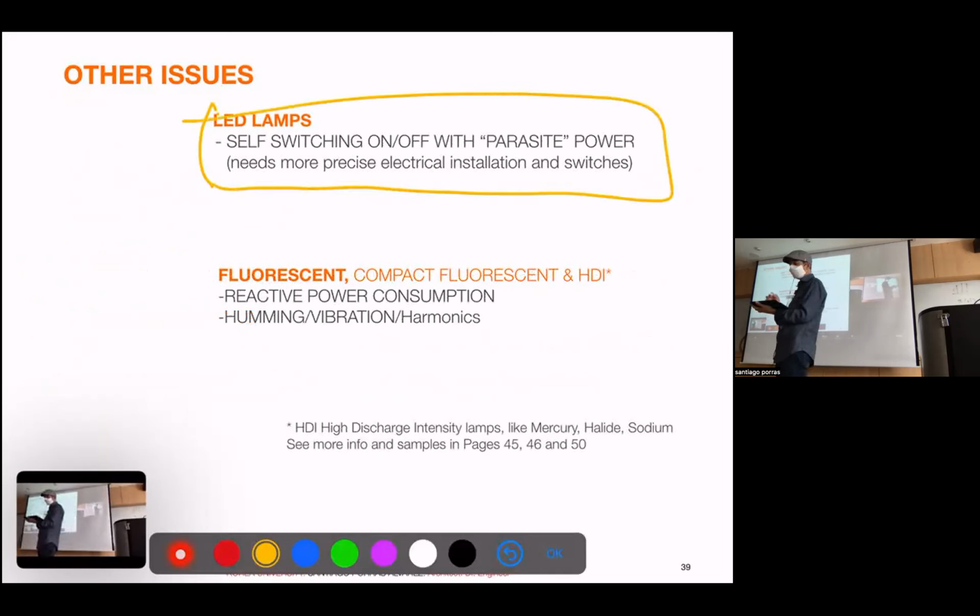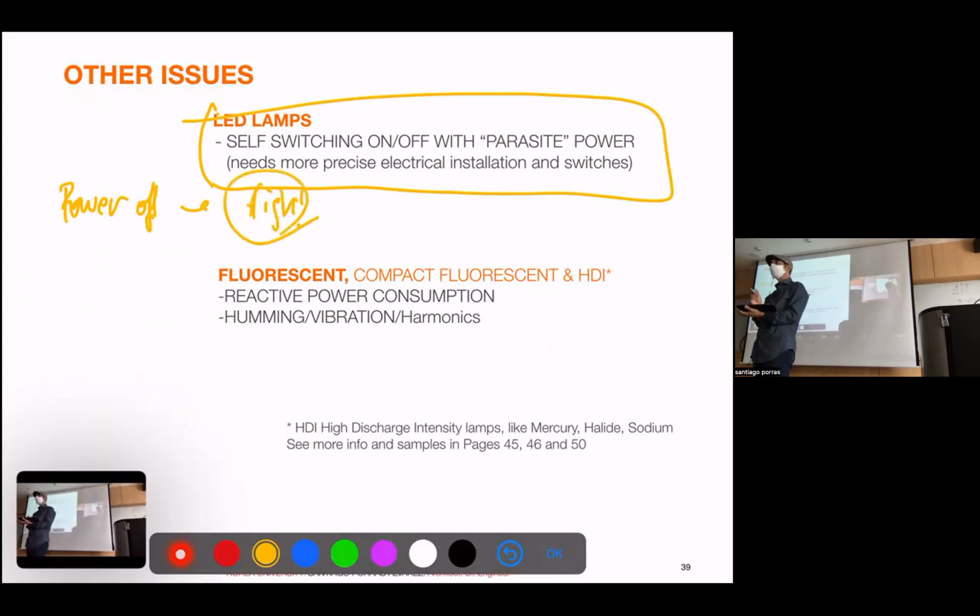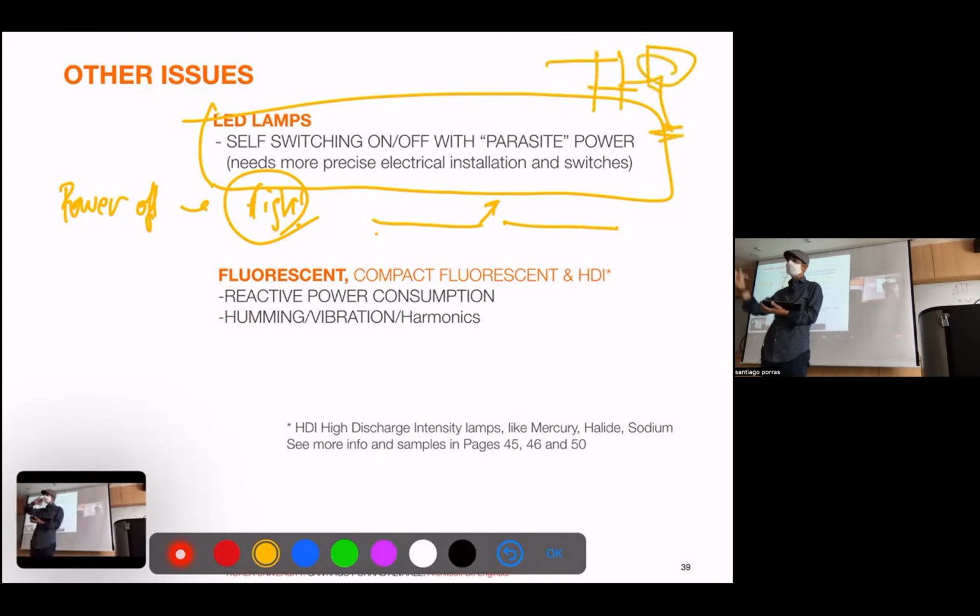But another thing which is interesting: LED lamps have so little power that sometimes even with the power off, the lamp is still lit, right? When you have very few lamps. Why is that? Because the general electrical system, even if you close the switch, those networks are so complex with the grounding, the connections, and so on.